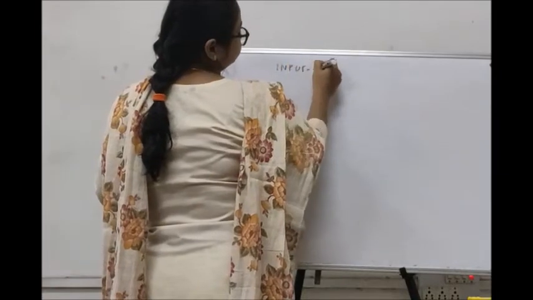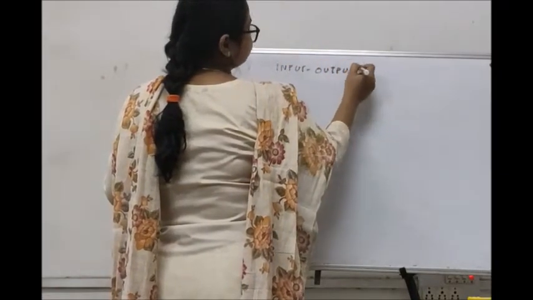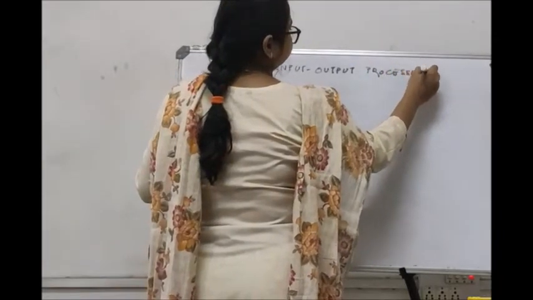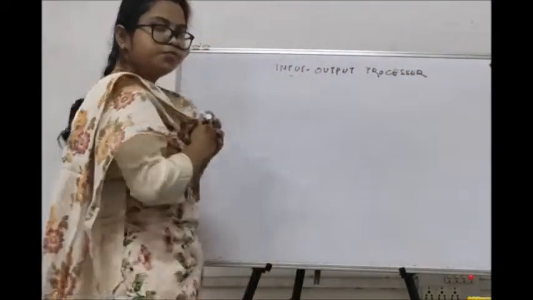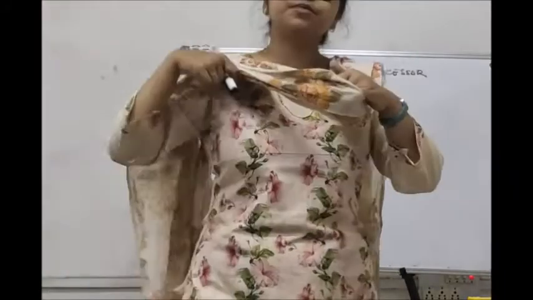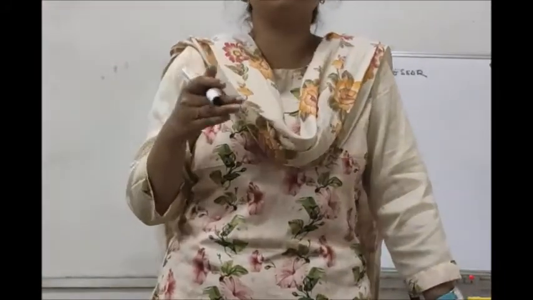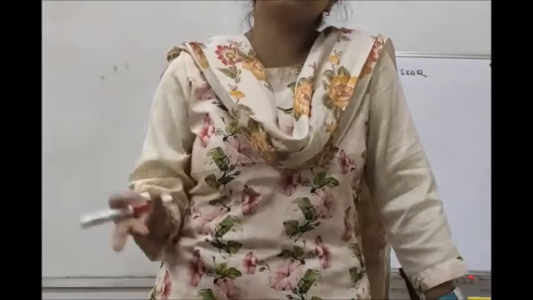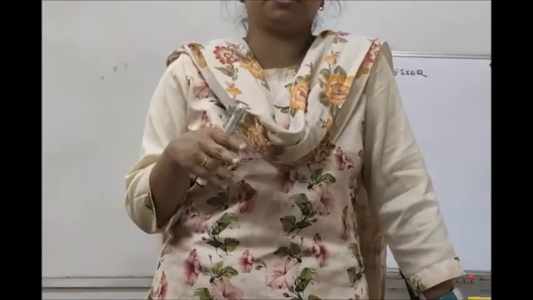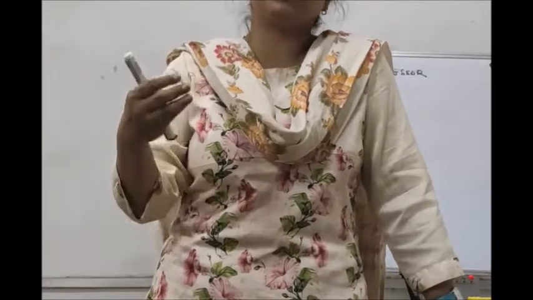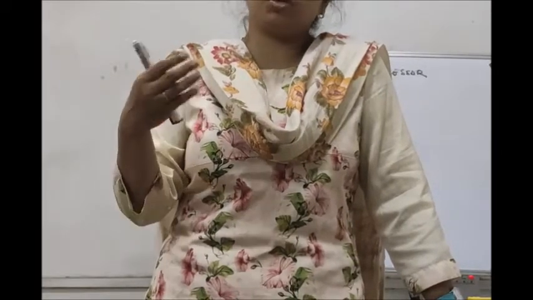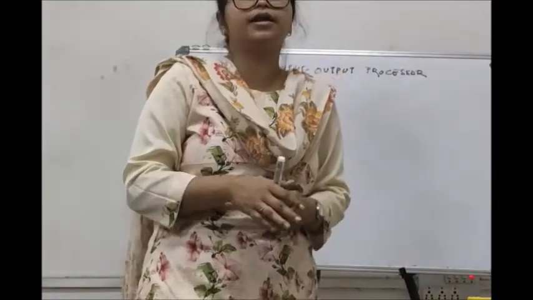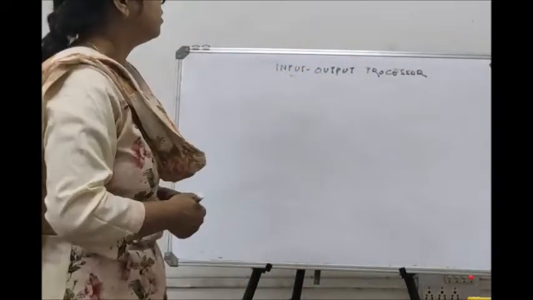So what is an input output processor? This is a processor which is responsible for doing IO operations mostly, and apart from that it can act like a normal processor. It can carry out arithmetic and logical operations. It can carry out language translation and execution of programs.